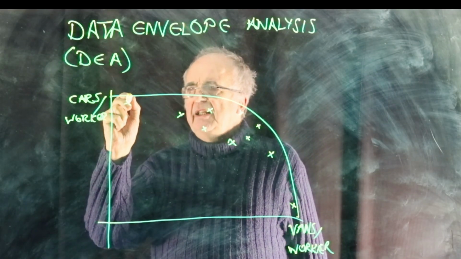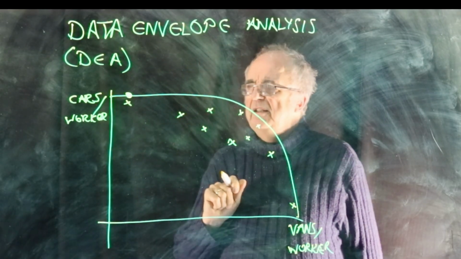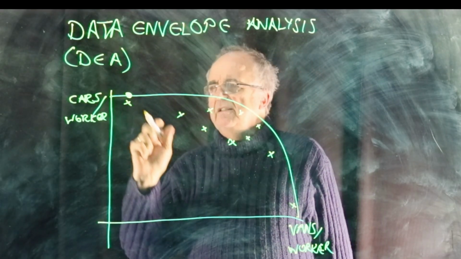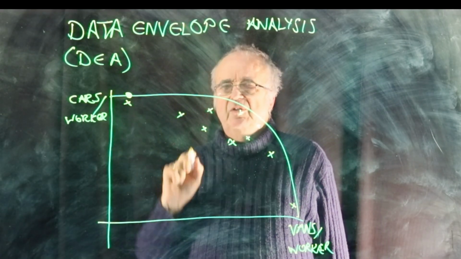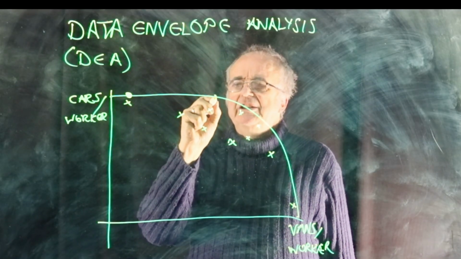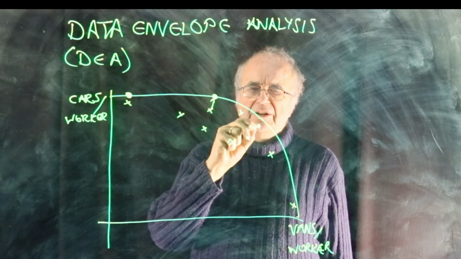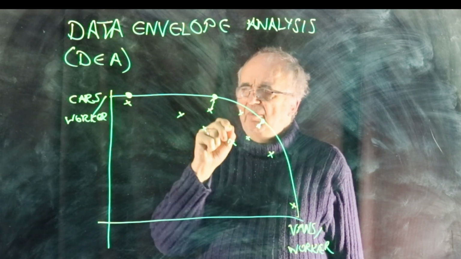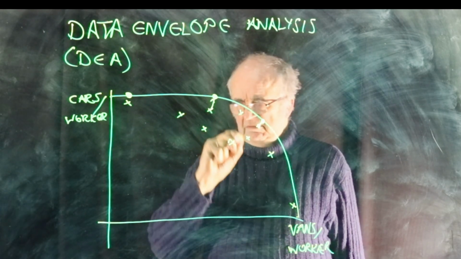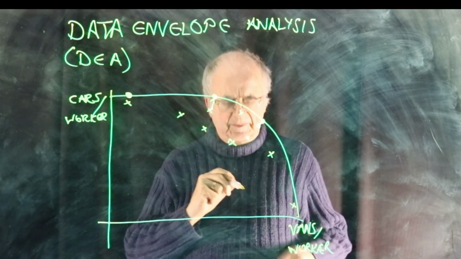This boundary here is an ideal kind of factory that's very similar in output and level of production to this one here, and so we're comparing each factory with a kind of ideal that is constructed from the performance of the best.